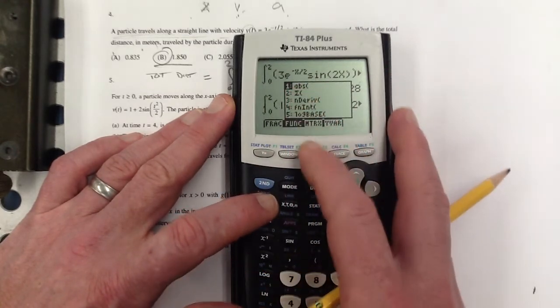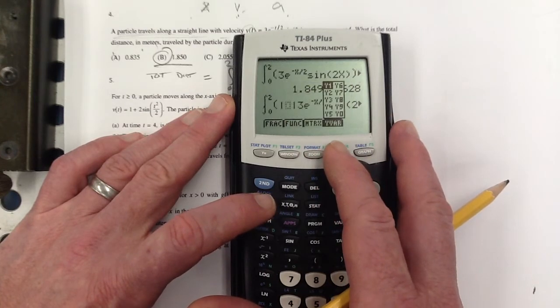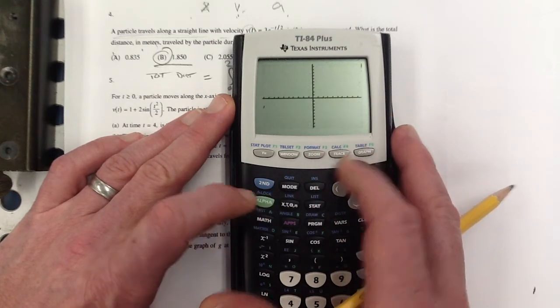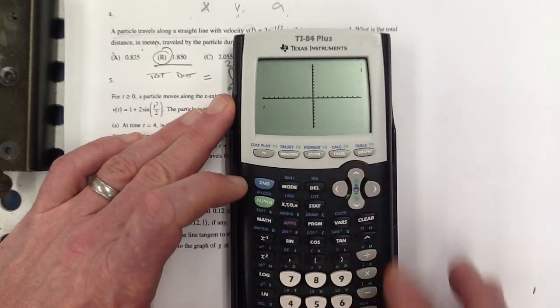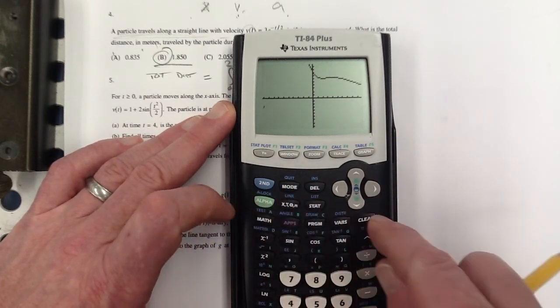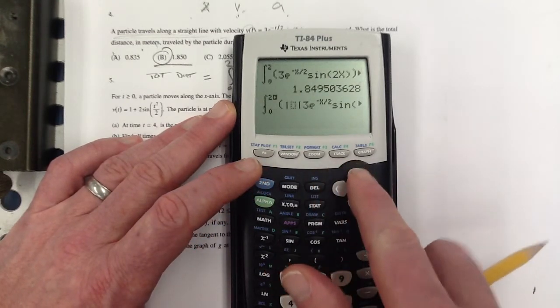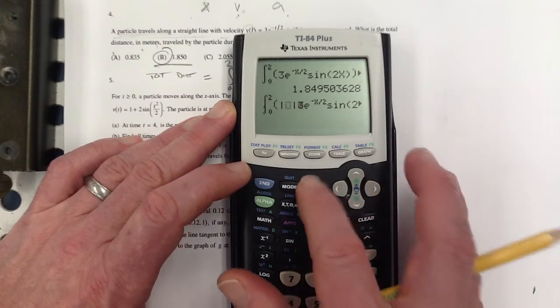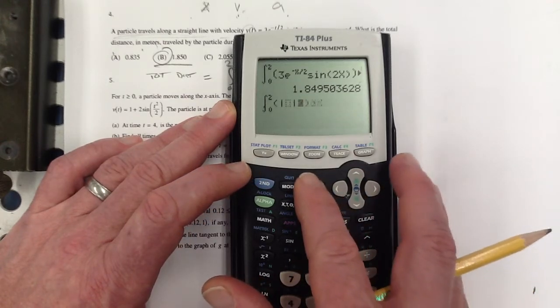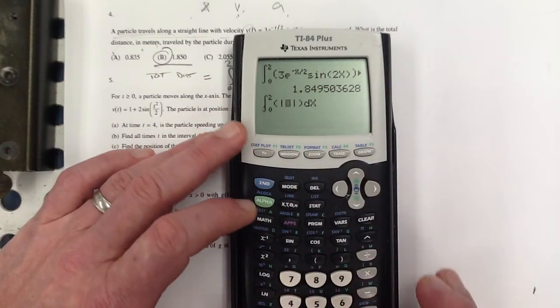Oh, there's absolute value there too. So, what happened there? Let's just delete all this. Okay, so in here, I just need to do this again. Sorry about that.